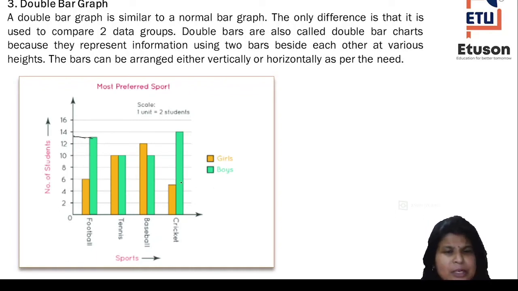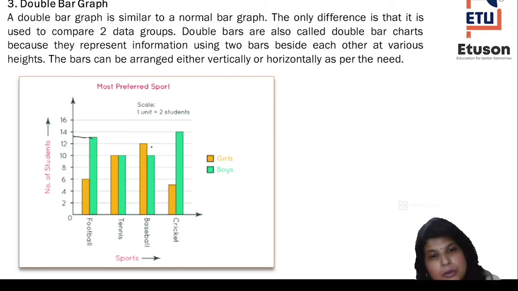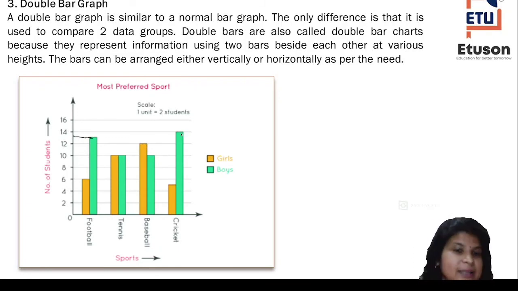And individually if you compare, you have to compare the same color bar. Like you have to compare the bars of the girls. Now I will ask which is the most liked sport by the girls. So you just compare the different yellow color boxes. You can find out that baseball is the most liked sport for girls. And what about boys? It is cricket.